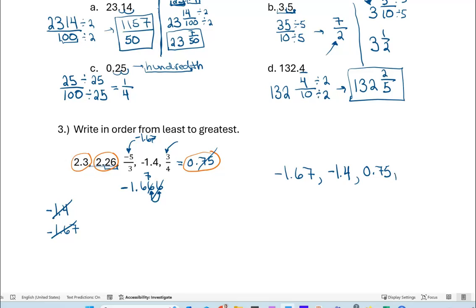Now 2 26 hundredths is closer to 0 than 2 3/10. They're very close, right? But anytime what's to the right of that decimal is smaller and your whole number is the same, the one with the values to the right being smaller is the smaller number. All right, so I'm done with that one, and then I have 2 3/10 remaining.